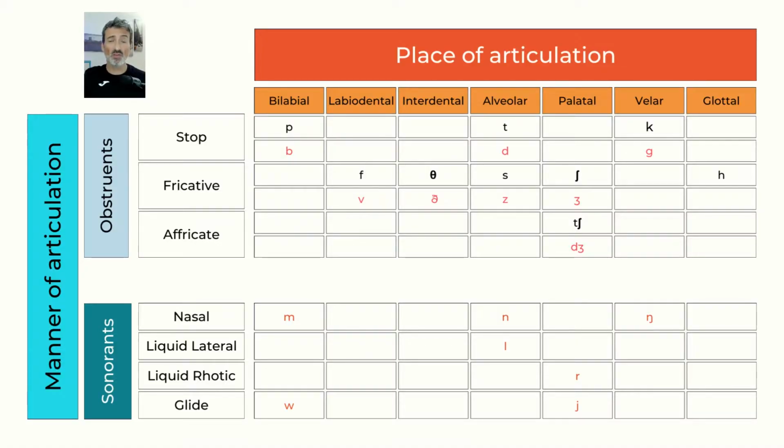In the International Phonetic Alphabet, we can see that the consonants are organized following the two criteria that we mentioned earlier. The point of articulation in the red section and the manner of articulation in the blue section. I'm going to cover first the point of articulation, the red section.